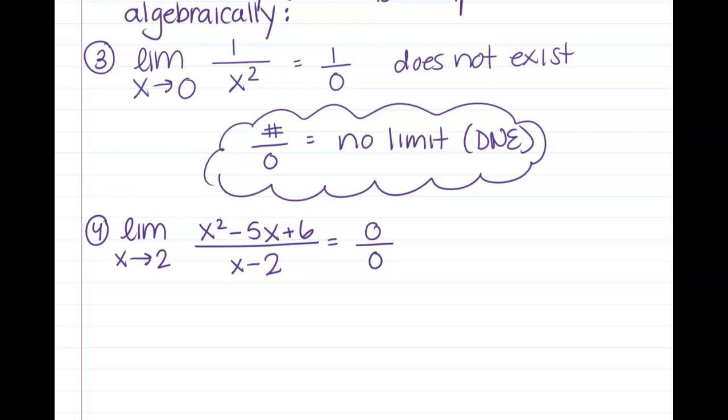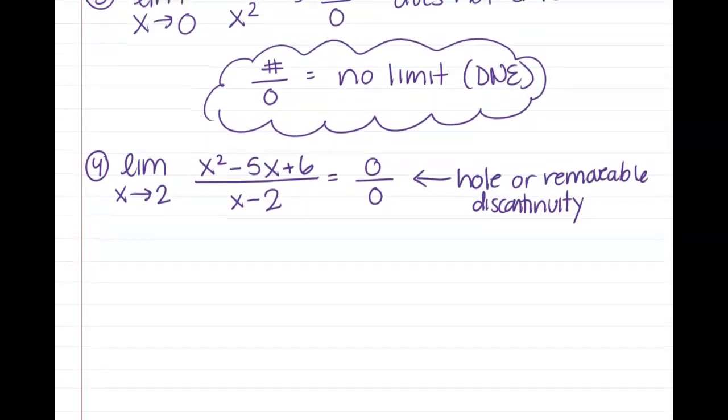So this is inconclusive because are we taking 0 divided by a number, or are we taking a number divided by 0? I don't know. So we know this is a hole, or a removable discontinuity, and we'll talk about that kind of stuff more in future. So we need to write this differently to find our limit.